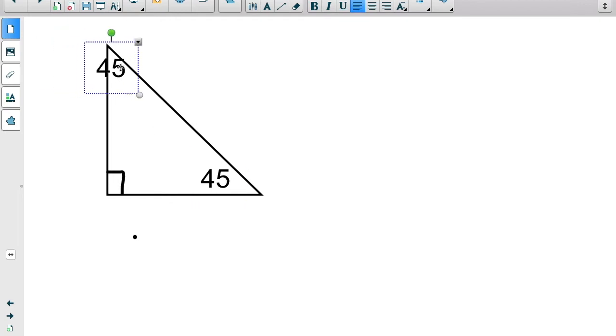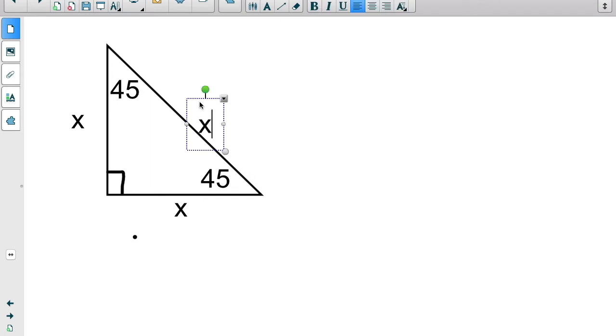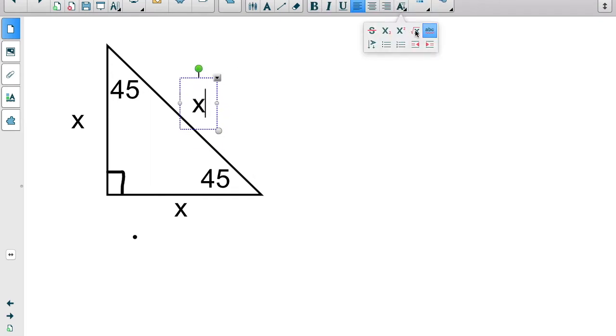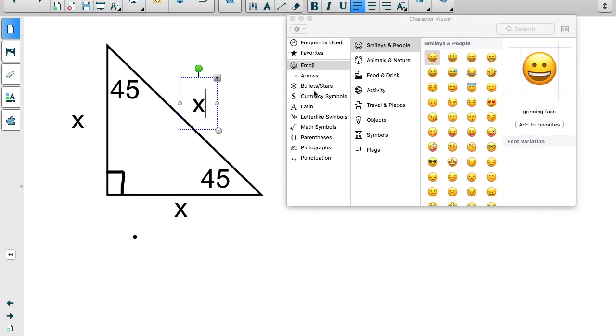So 45-degree angle, 45-degree angle. And the reason that these are nice is because the sides opposite the 45 degrees are going to be the exact same. So the sides opposite 45 degrees are the same. And the side opposite the 90 degrees is going to be whatever that measurement is.